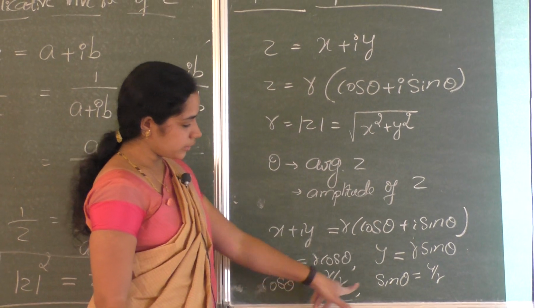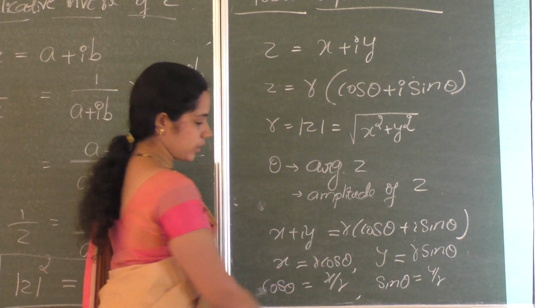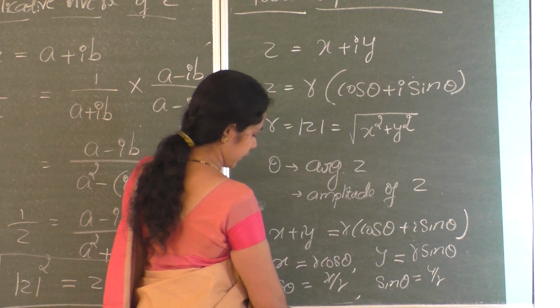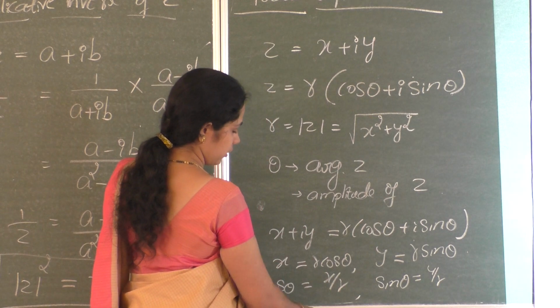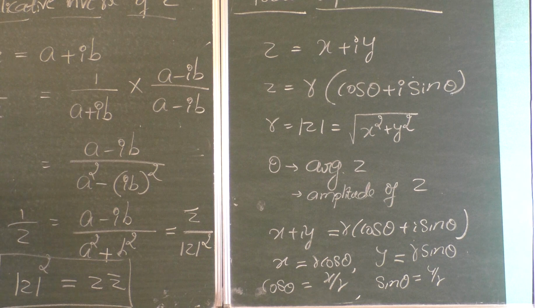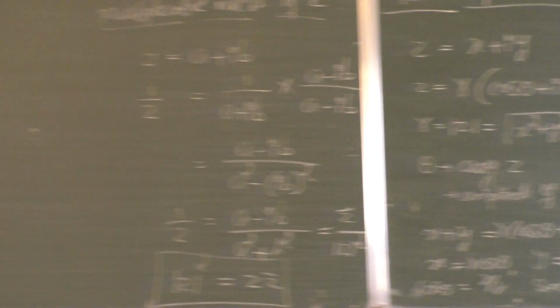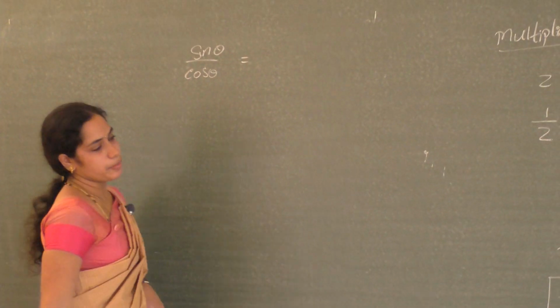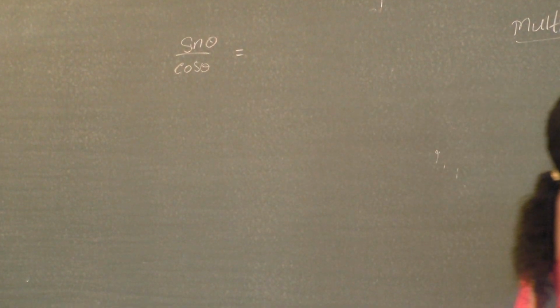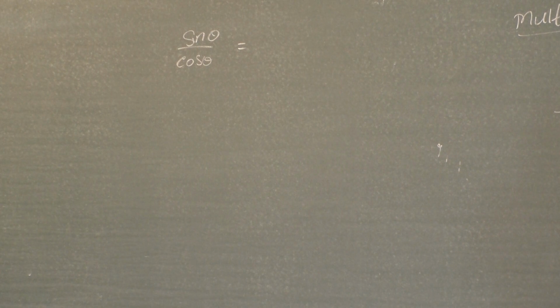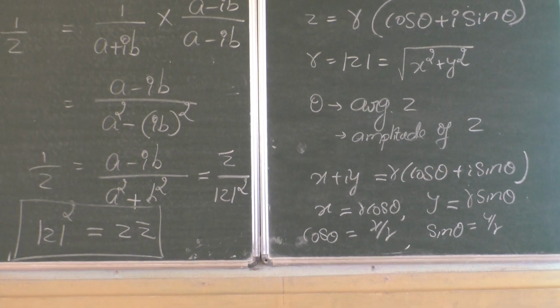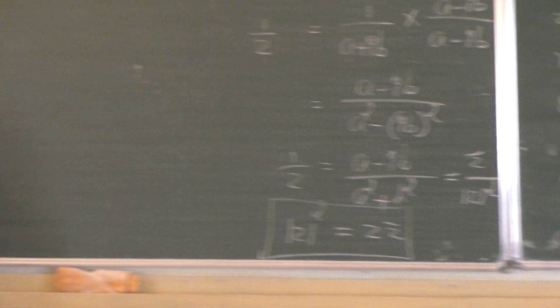Using this relation also we can find out theta. Here we have sin theta, here we have cos theta, divide sin theta divided by cos theta. Sin theta by cos theta is equal to, see, y by r divided by x by r, r cancels here, so this is equal to y by x.